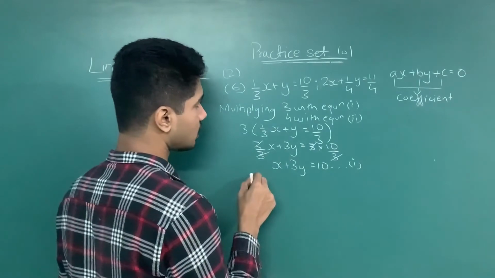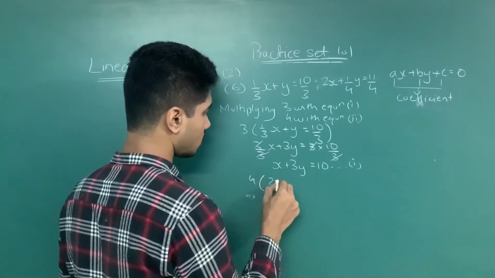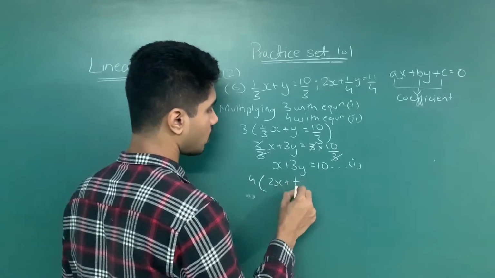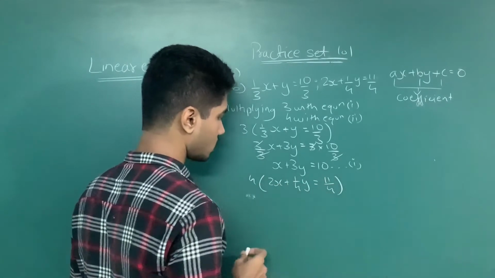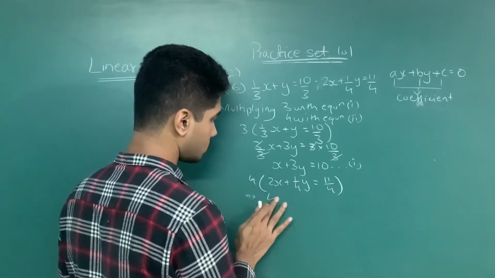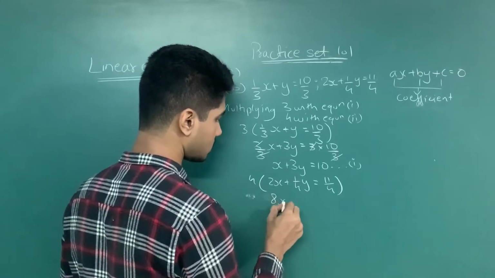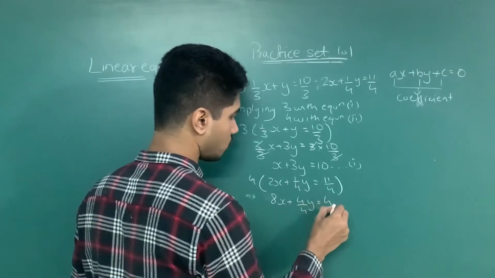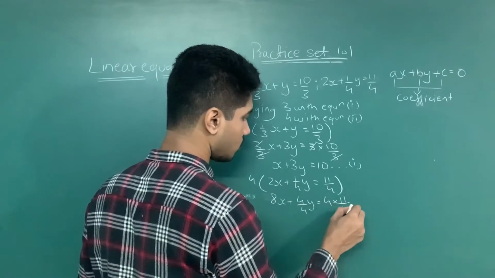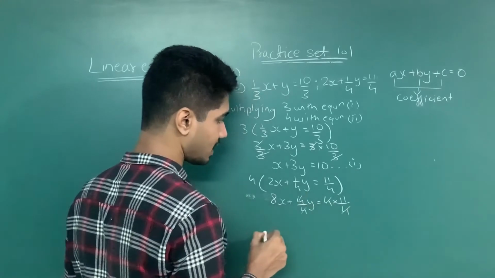With the second equation, that is 4 into 2x plus 1 by 4y is equal to 11 by 4. So when you multiply inside, you get 4 2s are 8x plus 4 upon 4y, 4 into 11 upon 4. 4 4 get cancelled, 4 4 get cancelled over here.